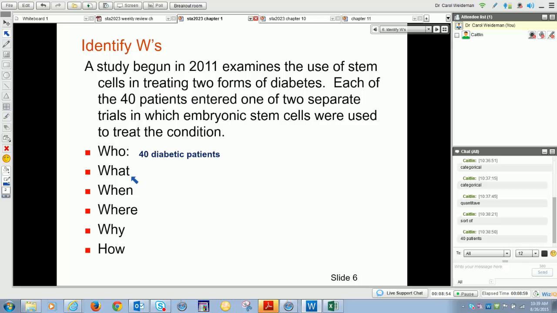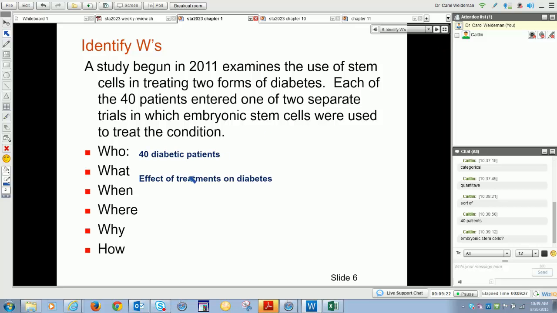What? The what is the variables that they collected. So what kind of information are they going to collect on these patients who went into the trials? Okay. They're using the stem cells to treat the diabetes, and so what they're actually going to do, and this is where statistics problems sometimes frustrate some students, it doesn't always explicitly state.